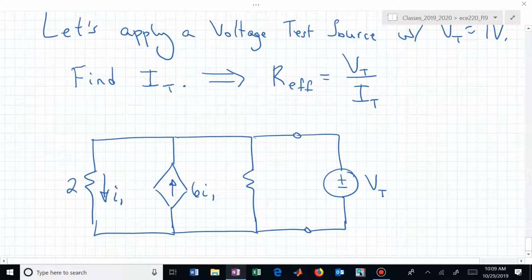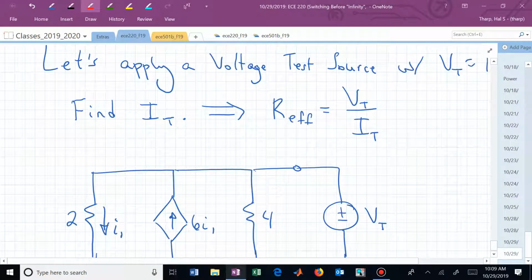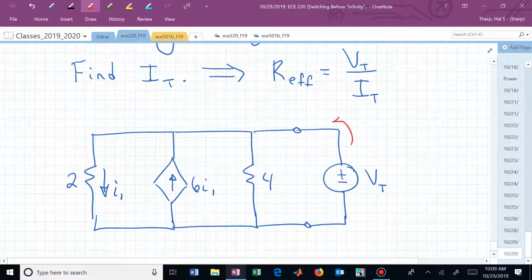Here's I1, and this is 4. And we are actually trying to find I sub t either as a function of V sub t or V sub t equal to 1 volt. If we fix V sub t at 1 volt, then we'll get a number value for I sub t, and we can form that ratio to find R effective.